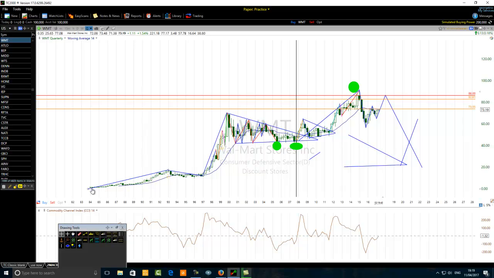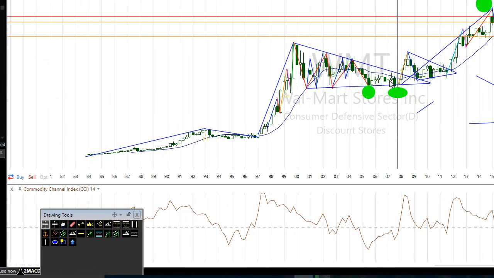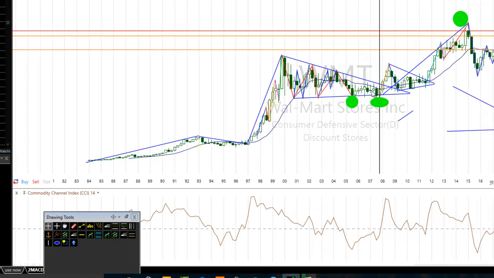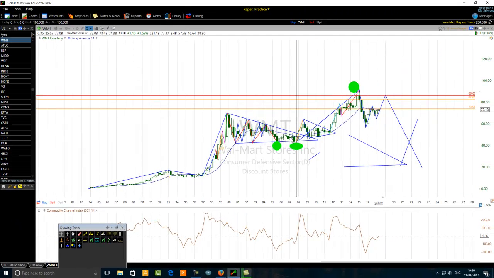So if I call this first wave, second wave, third wave, and here during the fourth Elliott wave we have a triangle. It's so powerful when we see the triangle in the fourth Elliott wave, because it indicates there is a high chance that the fifth Elliott wave will be extended.